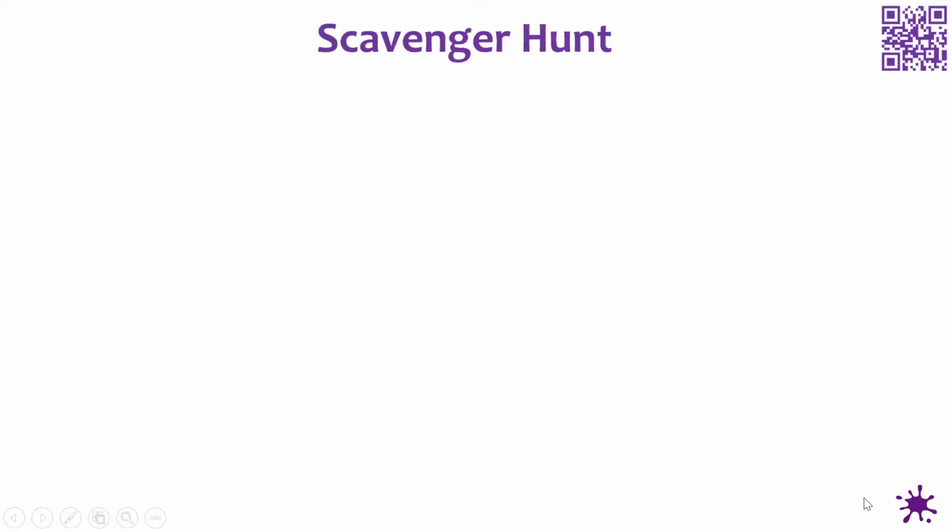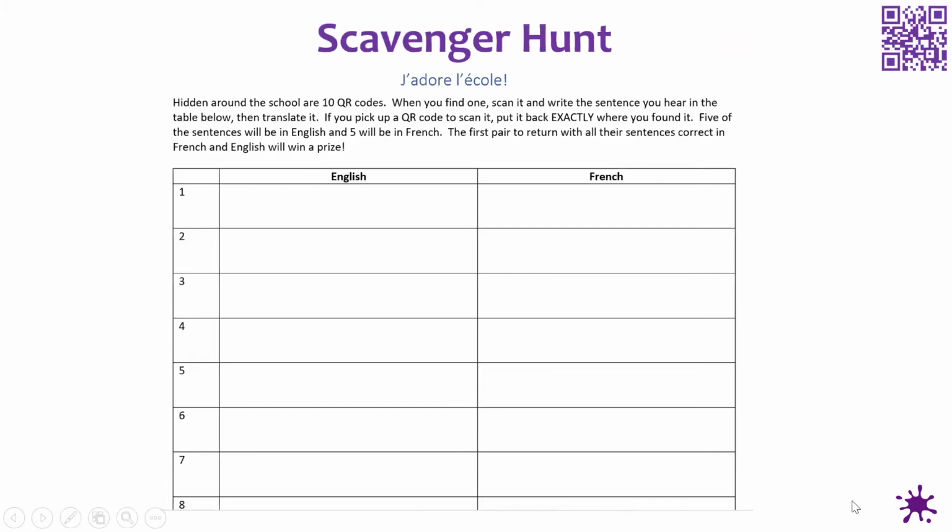Scavenger hunts are the traditional way of using QR codes. So I started with one, and this was the task sheet. I told them that there are 10 QR codes hidden around the school. When they find one, they scan it. 5 of the sentences they will hear will be in English and 5 will be in French.